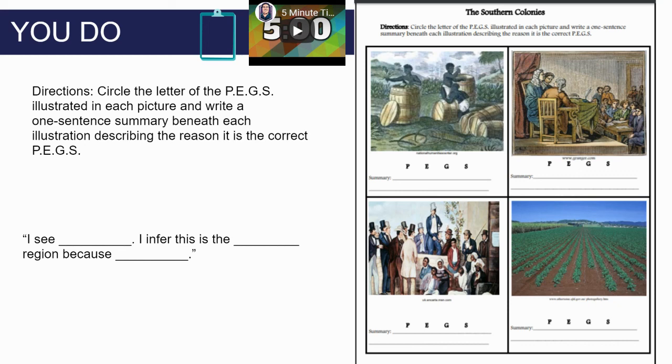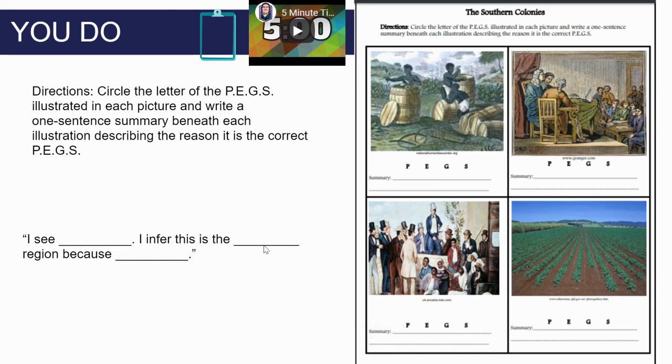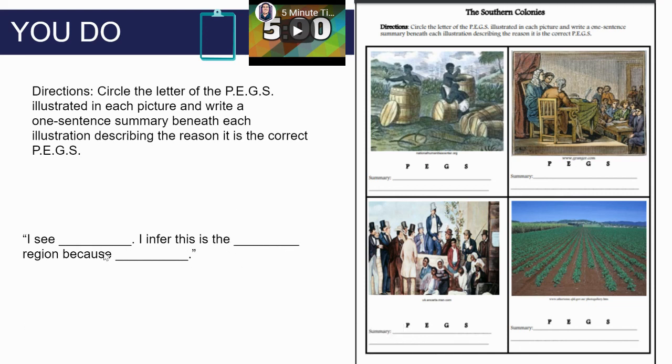Okay. So if you circle it and you say it's economical, I want you to write it as an economical statement. For instance, what do you see in this top picture? It says, I see blank. I infer that this is the blank region because blank. So I want you to identify what's happening, what region it's in, and what peg it is. Okay. So what do you see here?